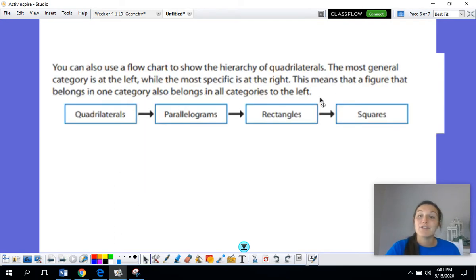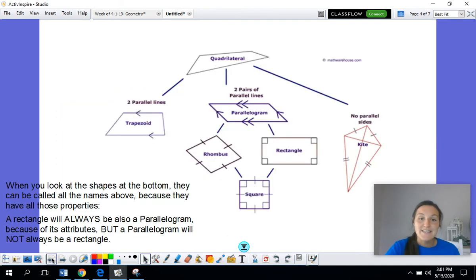Or it could look like a flow chart. I know y'all have seen this in science. Starting at the left is the most general, and then as you go to the right, it includes those topics. It gets more specific. So I'm going to go through each of these hierarchies, and then we're going to practice some of those sometimes, never, or always statements.